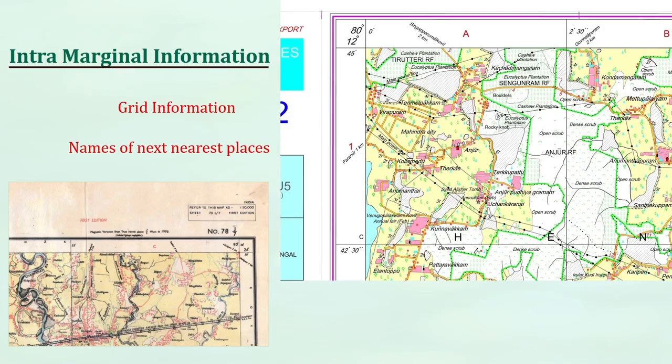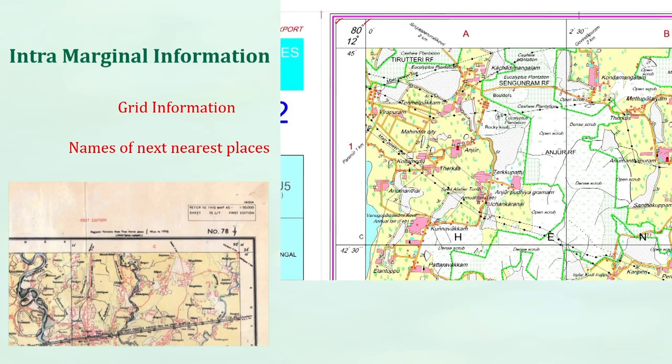Next, about intra marginal information, okay. There are two margins, and in between these two margins, what information can we find? First, coordinate system, see 8 degree 0 minutes, 12 degree 45 minutes, like that.